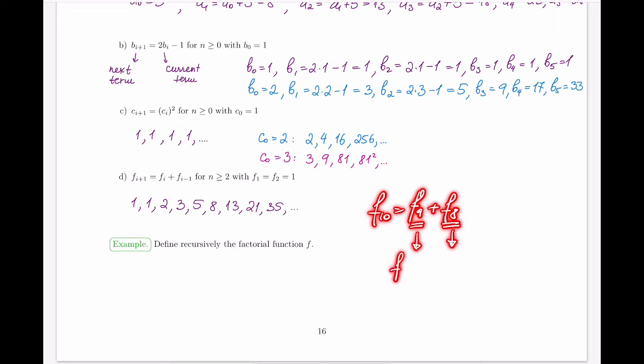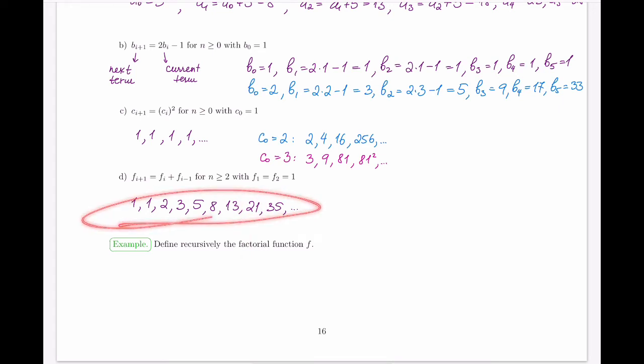So F9 itself would be F8 plus F7, F8 would be F7 plus F6, and if I don't know F7, F8, or F6, I will have to go even further down into the recursion. So, because it refers back onto itself, it's best to keep the sequence building all the way up, but we will talk about how to get the explicit formula for any term you like down the sequence later in the course.